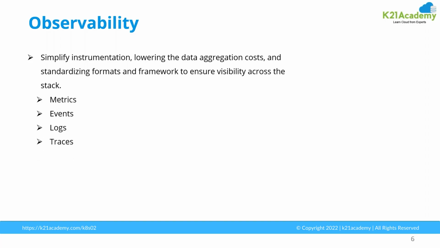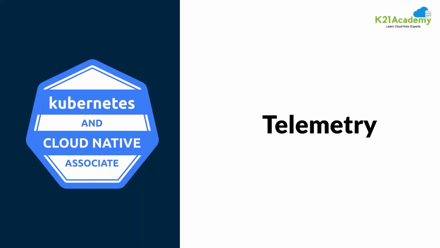Again, you will get metrics, events, logs, and traces. All the things you saw in the last slide fall under observability. So observability is not only monitoring; it has a lot of other data such as metrics, events, logs, and traces.